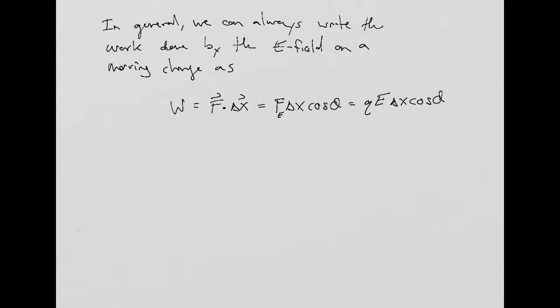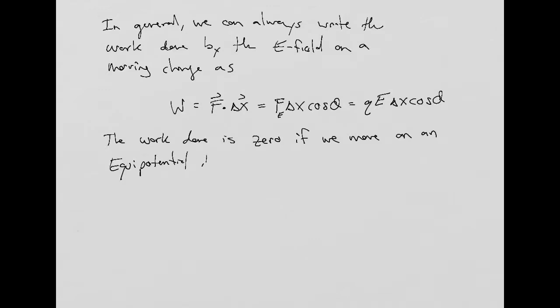Now, we can actually say something pretty smart about the electric field in this region. Because we know that the work done is 0 if we move on a line of equipotential. So 0 is equal to QE delta X cos theta.